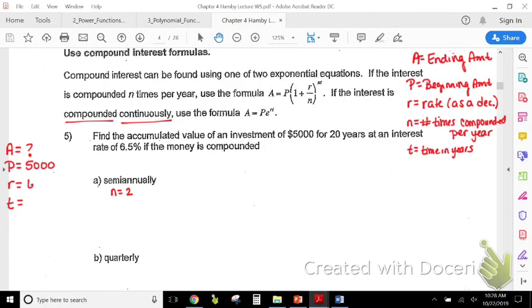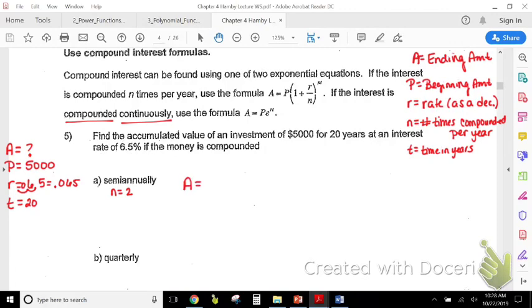Write it down, guys, and then move your decimal over 2 places or divide it by 100, so 0.065. And what is the time in years? 20. So T is 20. What's N? Semi-annually, which we said is 2, 2 times a year.